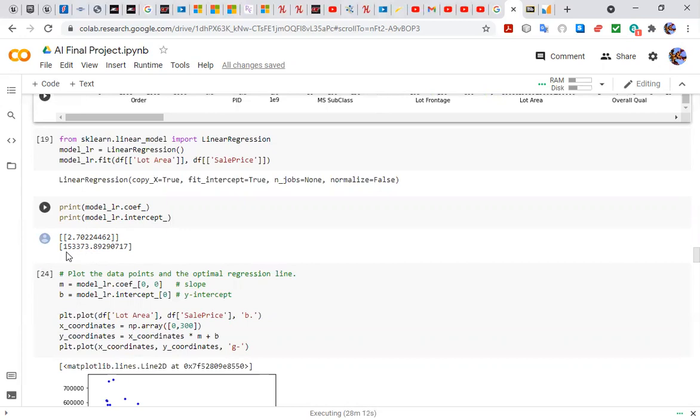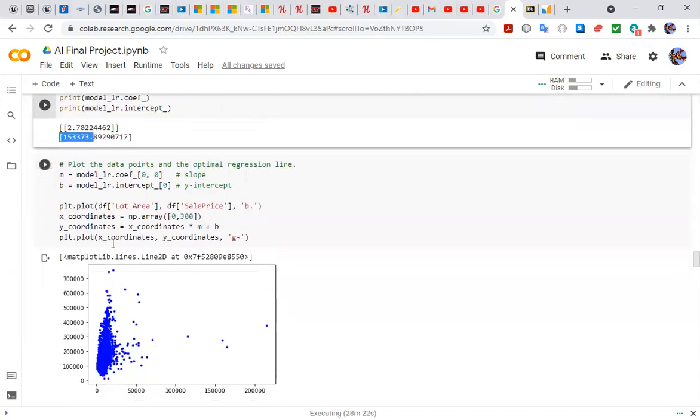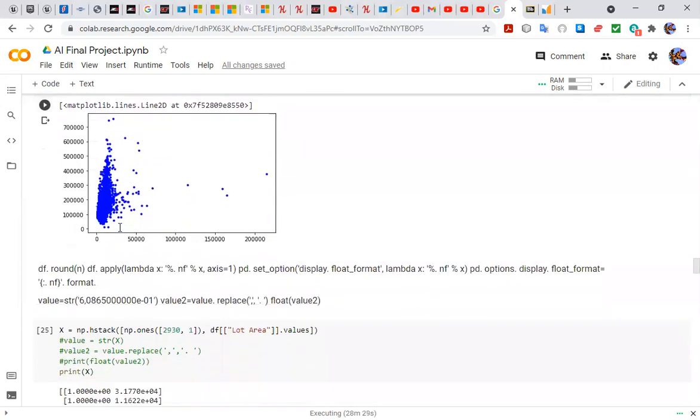If you were to plot this, this would be the y-axis right here, and that would be the sale price for the model. Down here, I plotted the data points and plotted the graph.